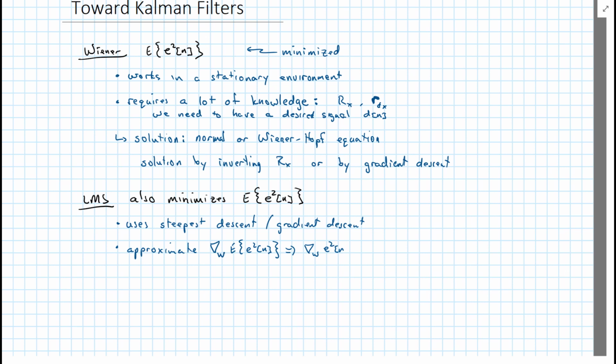And so we get a different estimate at each time n as we get different errors.